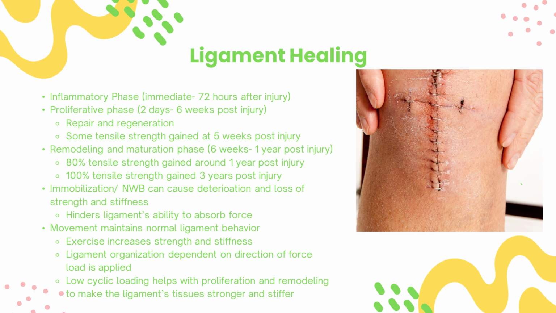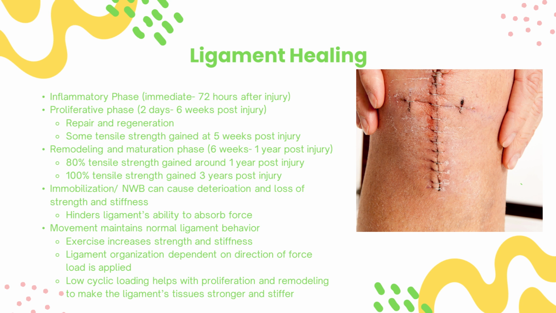So after that 6 weeks, for about a year, 6 weeks to a year, the ligaments go through that remodeling and maturation phase. Because bone is the only type of connective tissue that lays down the same exact type of tissue when it's injured, ligaments lay down not only collagen and new ligament structures, they lay down scar tissue as well.